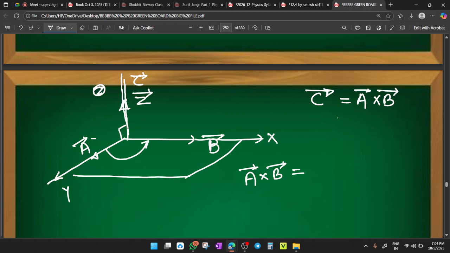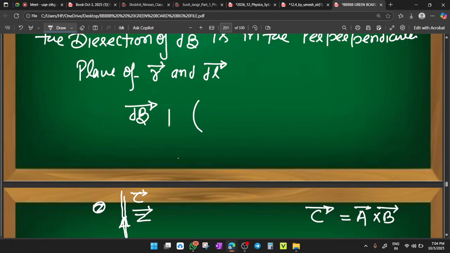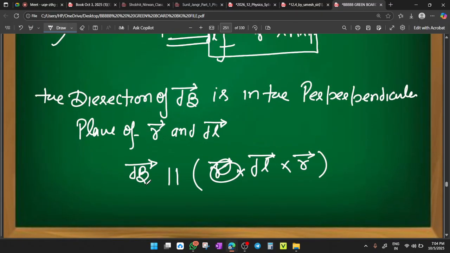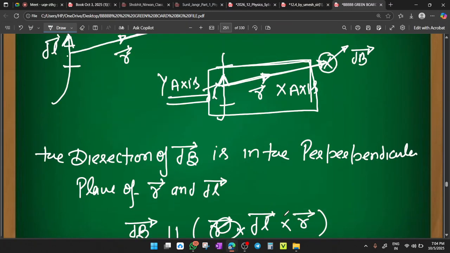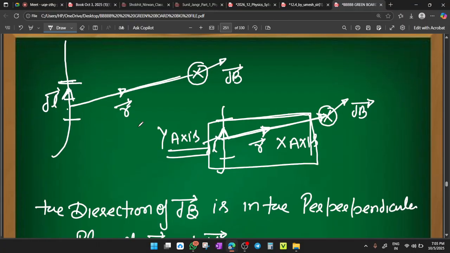Clear? So same here, the direction of dB is parallel to dl vector cross r vector. The direction of dB is perpendicular to the plane containing dl vector and r vector.